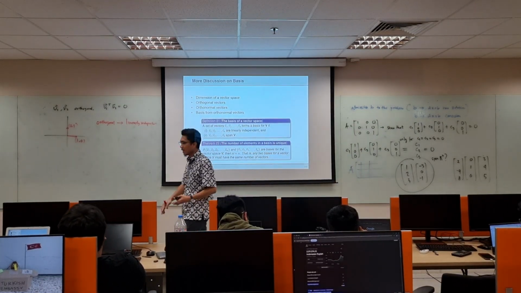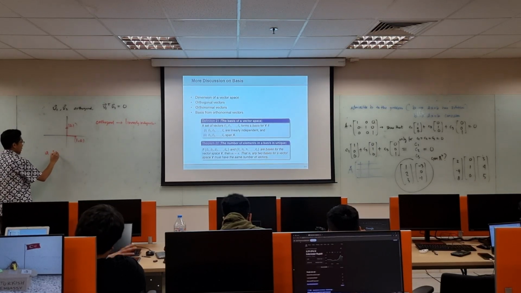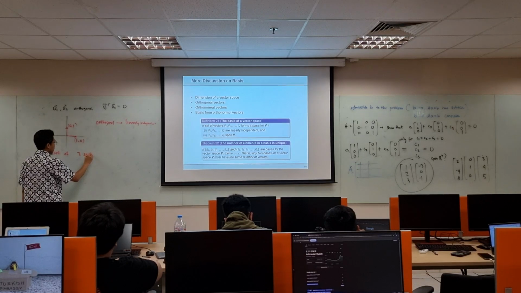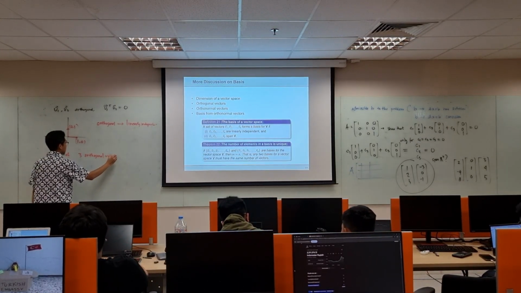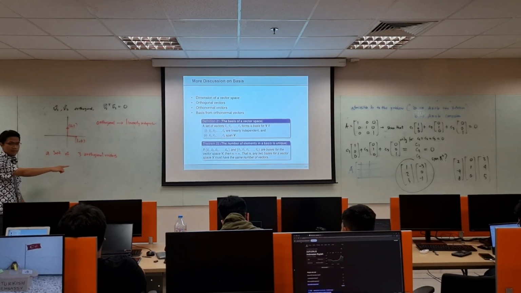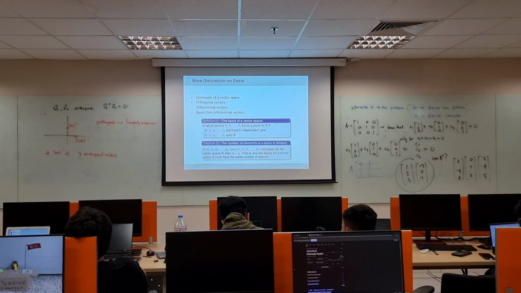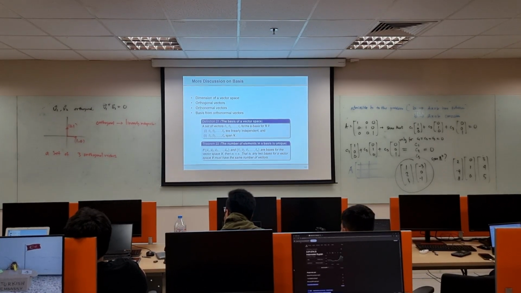So when I say I have a set of 3 orthogonal vectors, do they span R3? What's the answer?